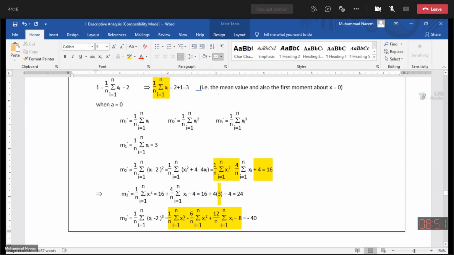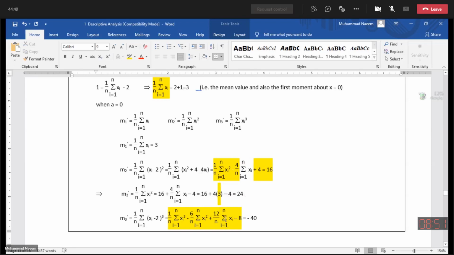Similarly, expand the cube and put the values which are available. Sigma xi square over n, which we have calculated just above, is equal to 24, and sigma xi over n is equal to 3.